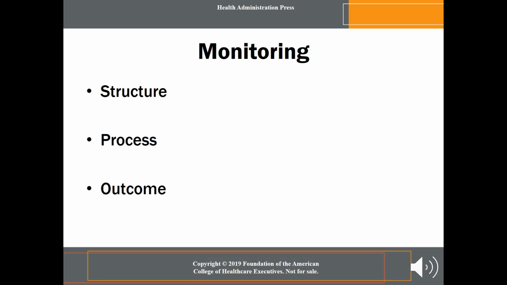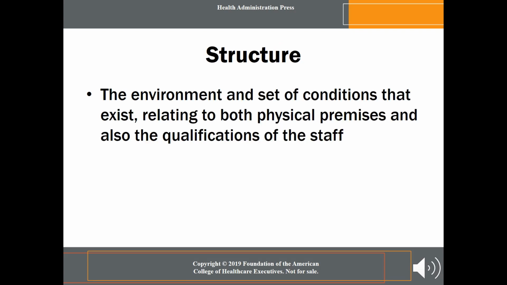The process is the activity proximately or directly related to the delivery of care to the patient, as well as the actual act of caregiving. Again, structure, the environment and set of conditions that exist relating to both physical premises and also the qualifications of the staff.